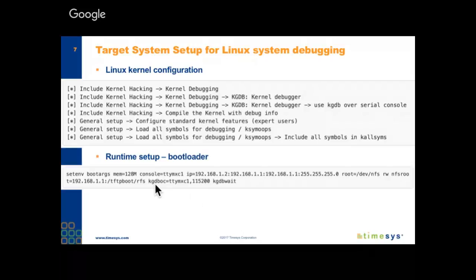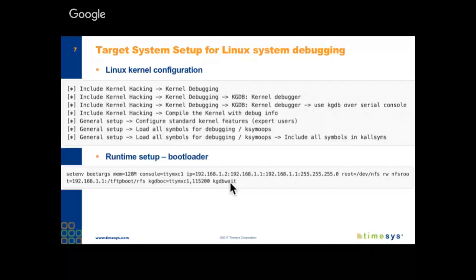Okay, so we have kgdboc. That means KGDB over serial, and we specify to which serial port the Linux kernel should output or await the connection from a GDB. And then kgdbwait holds the Linux kernel once the initial KGDB setup completes.